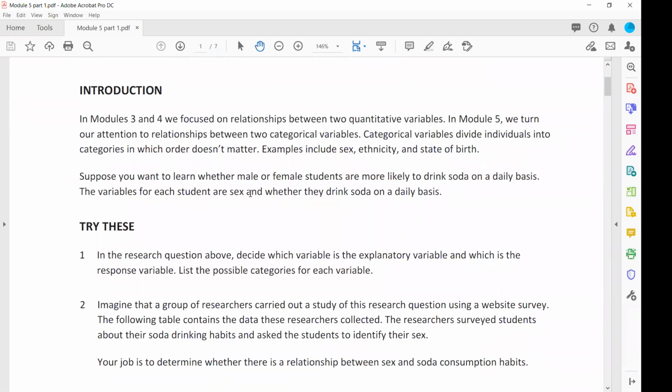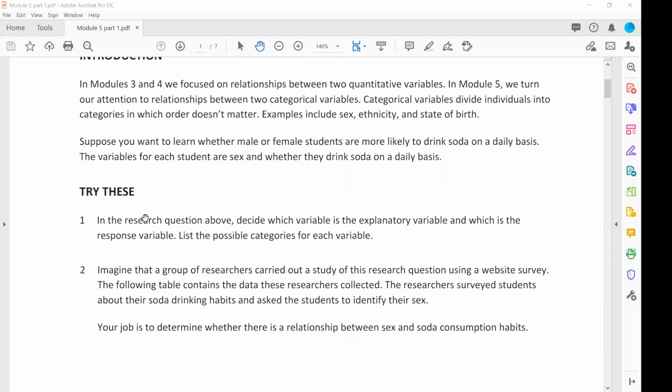Suppose you want to learn whether male or female students are more likely to drink soda on a daily basis. The variables for these students are sex and whether they drink soda or not: yes or no, and female or male. Try this. 1.